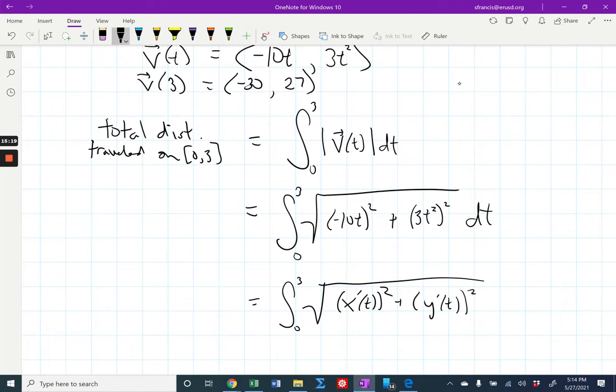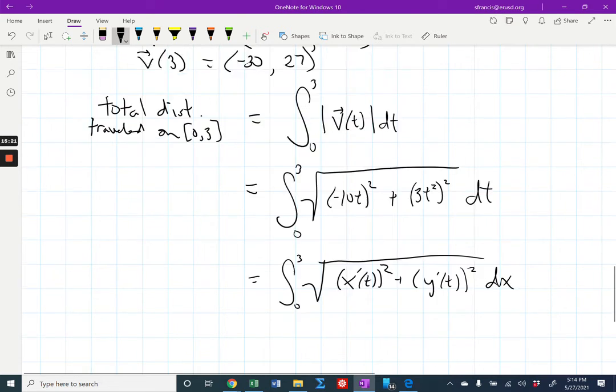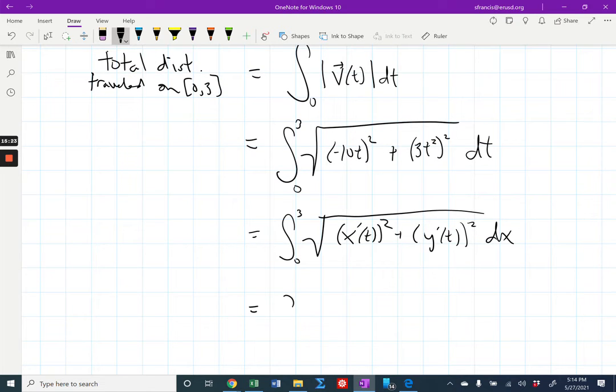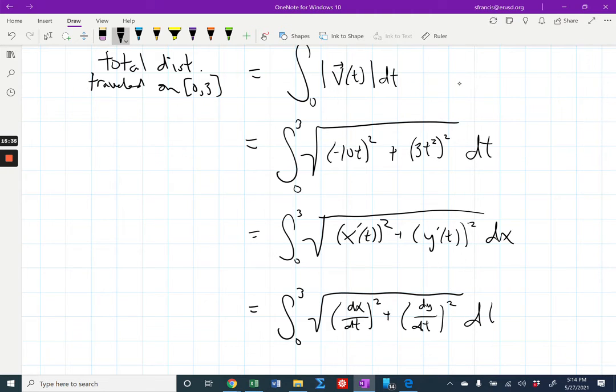And I'll be honest with you, I don't know the exact form I gave it in the notes, so I might have given it this way instead. So I'm going to give it to you both ways to cover my bases. Actually, this should be a dt over here, not a dx. Excuse me. But both of these here should be recognizable as the arc length.